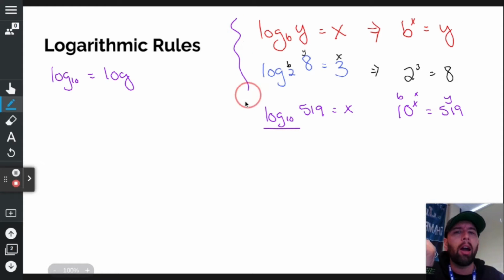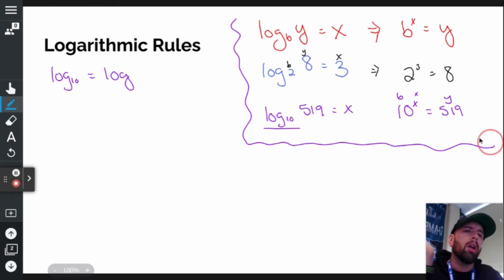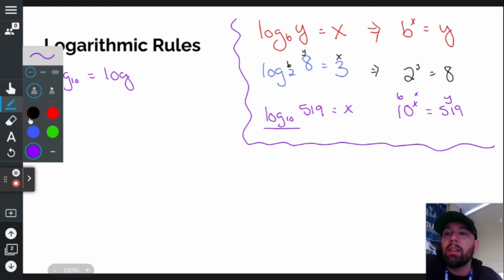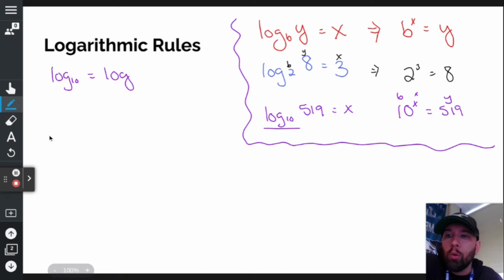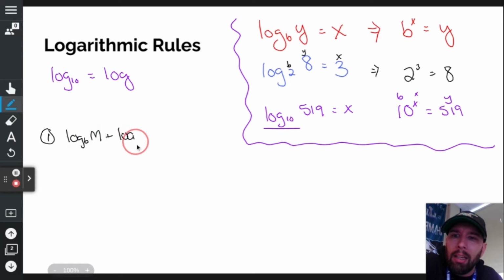Now this is the primary log rule that we have. This is you switching from exponential to logarithmic and vice versa. There's other log rules that we need to know and be aware of. Log rule number one: if I have the same base, so log base b of m plus log base b of n, if I have the same exact base for a log and I'm adding logs, multiply the insides.